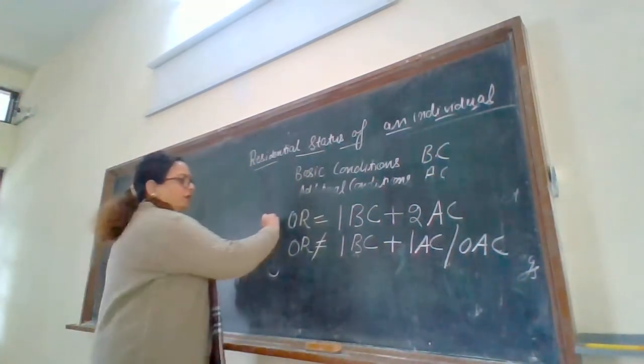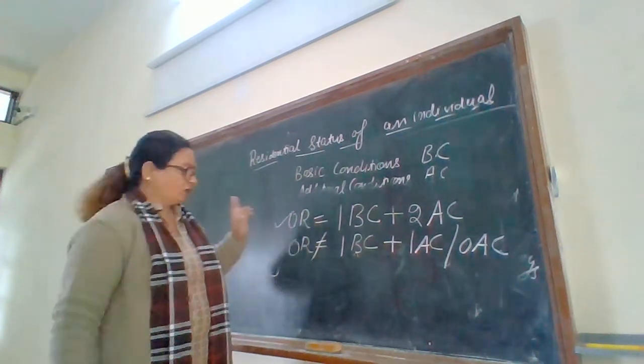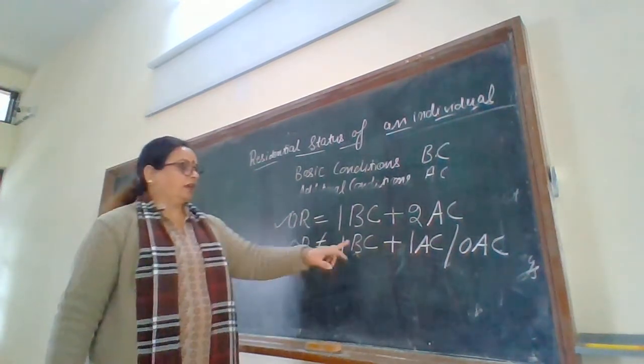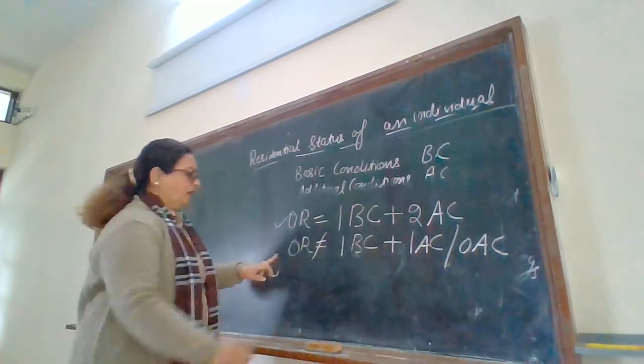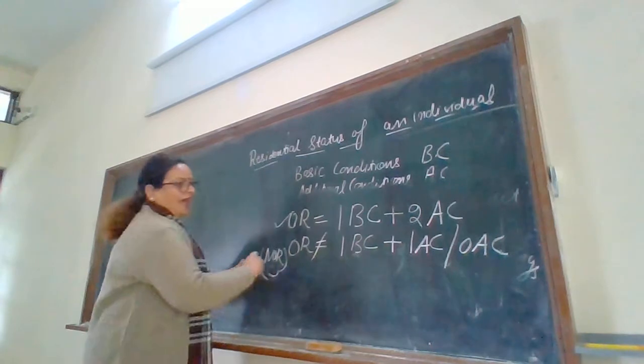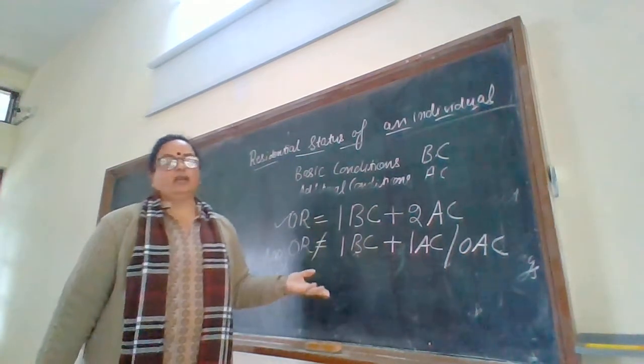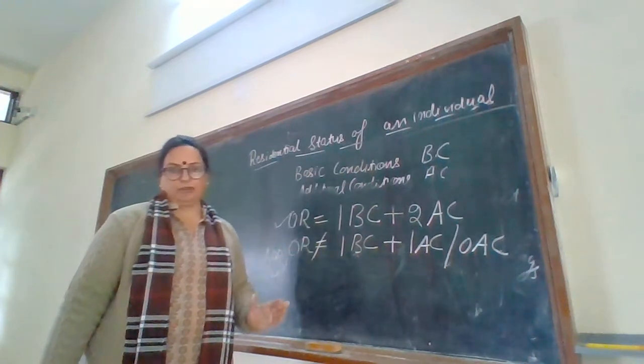Right? So if he is in this category, he will be an NOR, not ordinary resident. And if he is not fulfilling either of the basic conditions, he will be a non-resident individual.